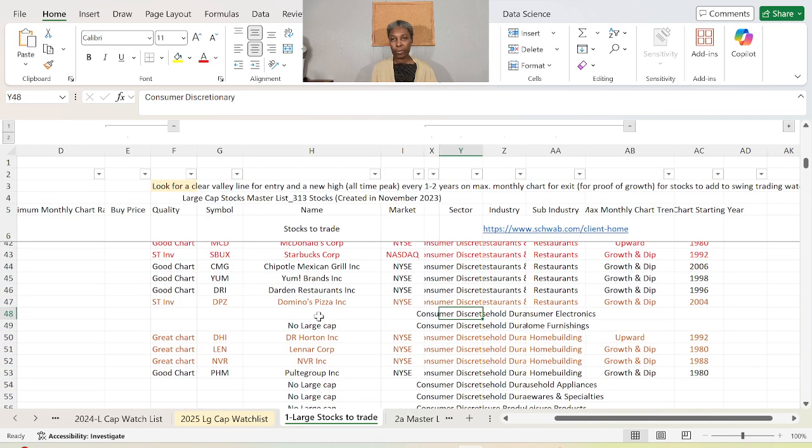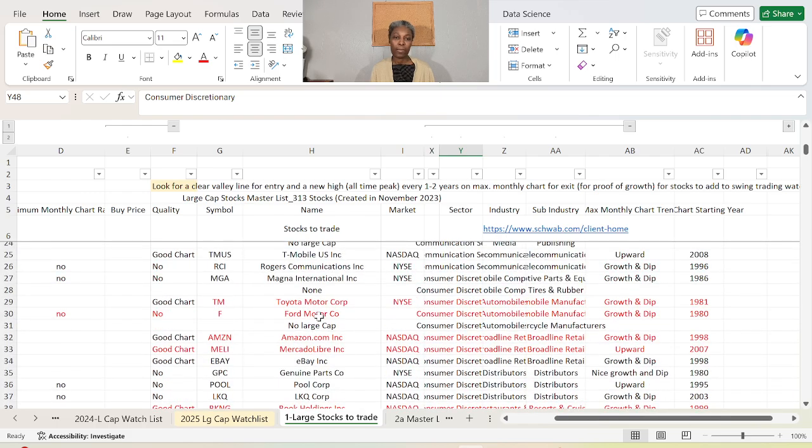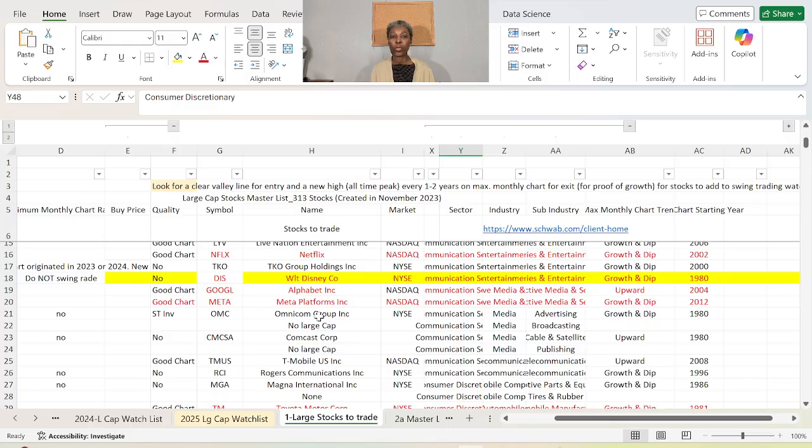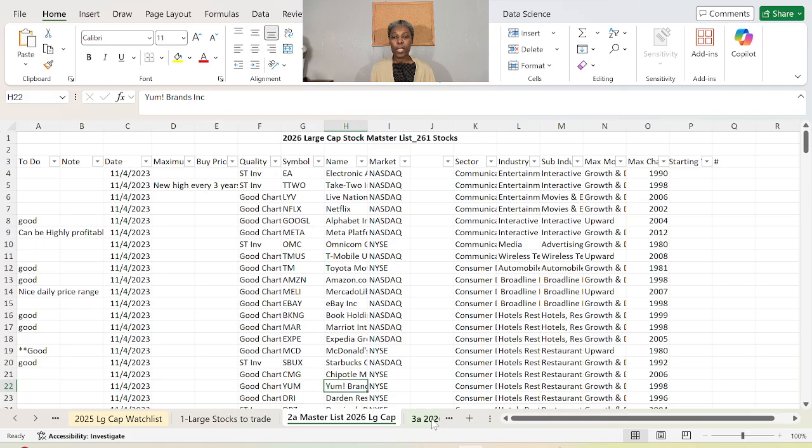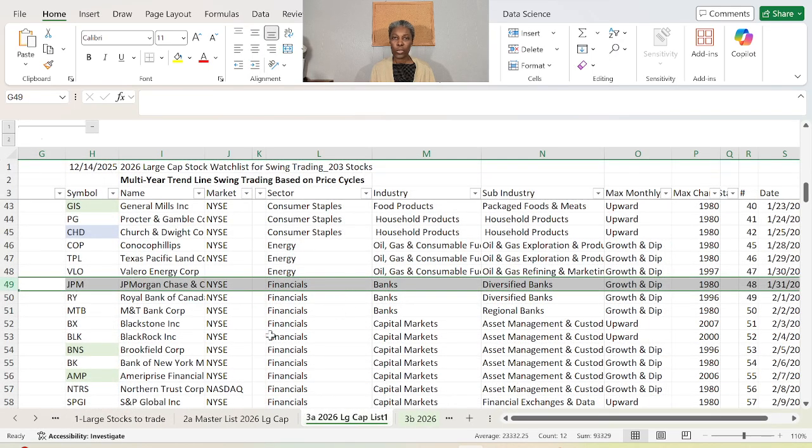But when you are not creating content and you are doing it on your own, maybe during the weekend you can spend an hour or two and go through multiple of them. So that is when you are creating a watch list of stocks for the year. That is how I was able to create this list.